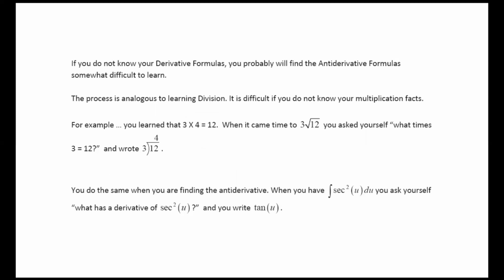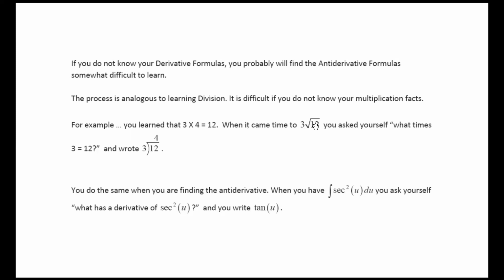As we said, the antiderivative is to the derivative as long division is to multiplication. Early in elementary school, you learned your multiplication tables, and you knew that 3 times 4 was 12. A little later, you got something like 3 divided into 12. And usually you did not learn a table of division.